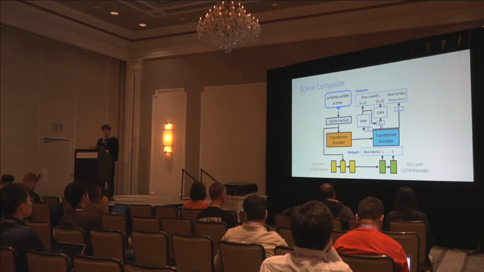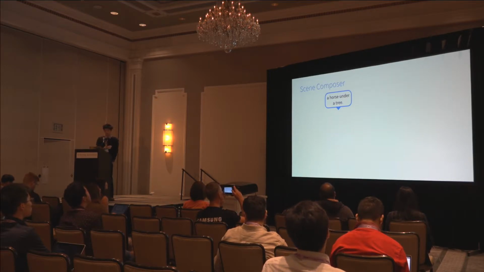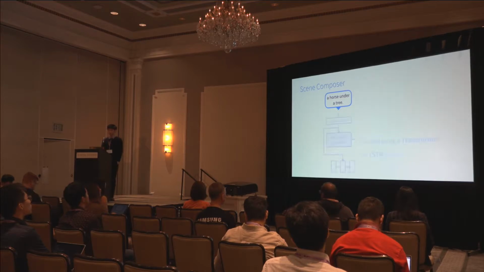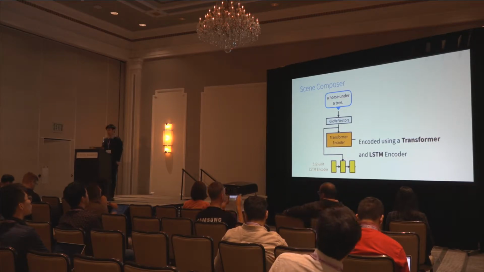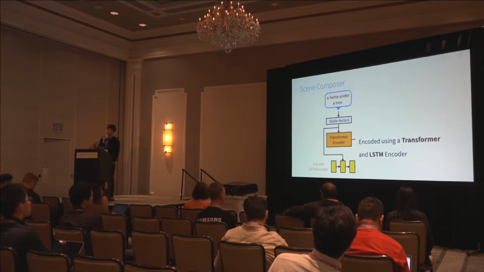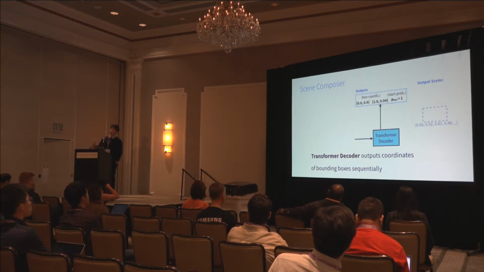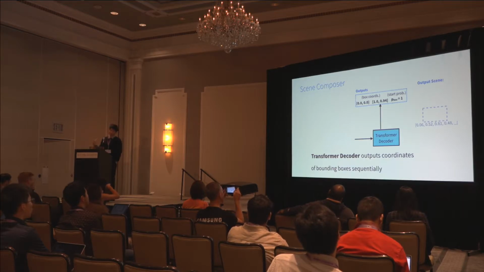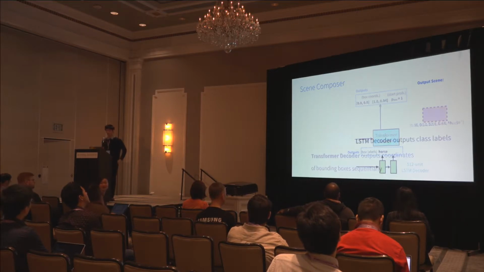So here is our scene composer. To generate these relations, first we take the natural language description, tokenize it, pre-process it through GloVe vectors to get a semantic representation of each of the text tokens, and encode it using both a transformer encoder and an LSTM encoder for two streams in the generation process. For the first, transformer stream, we decode it with a transformer decoder, which outputs just the coordinates of the bounding boxes.